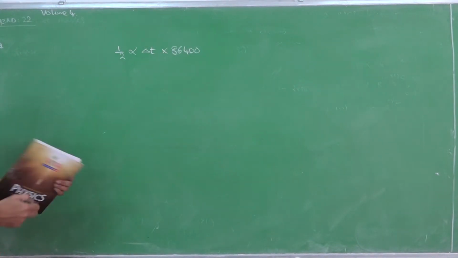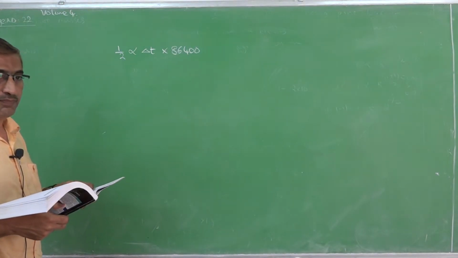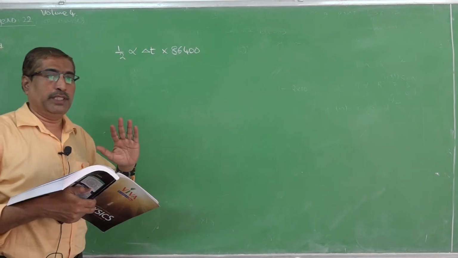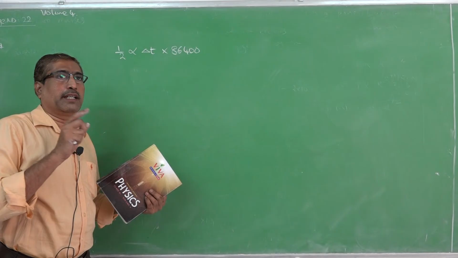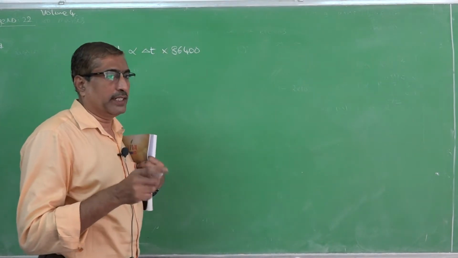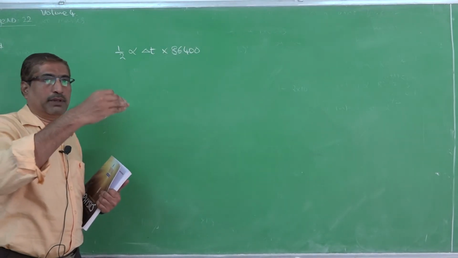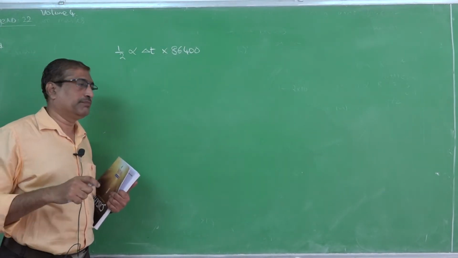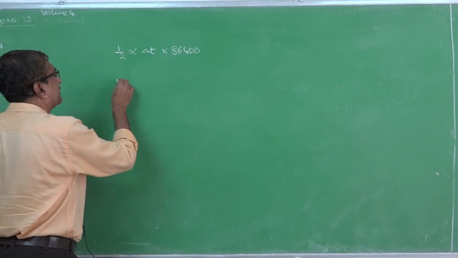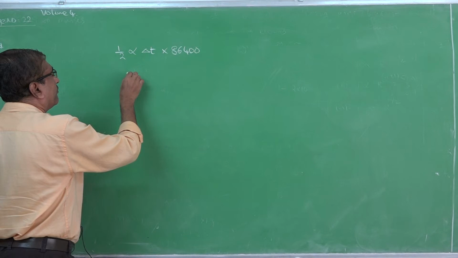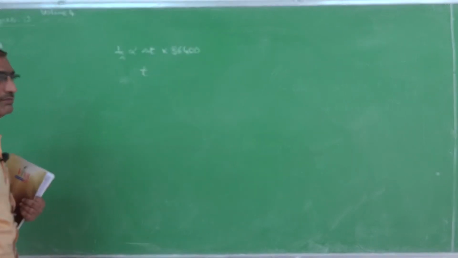So, if the pendulum clock runs fast by 5 seconds, runs fast means time period is less. So, time period is decreased means temperature is decreased, because for a pendulum clock, time period is proportional to the square root of length. Okay. So, for the first case we can write this equation, assuming that it shows correct time at a temperature T.